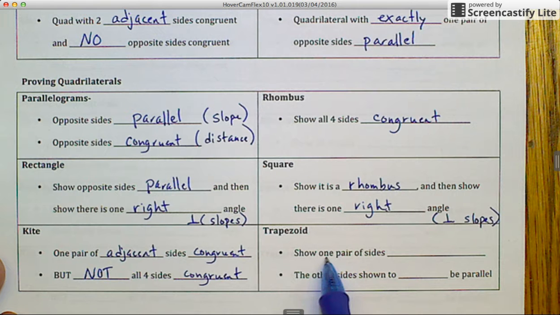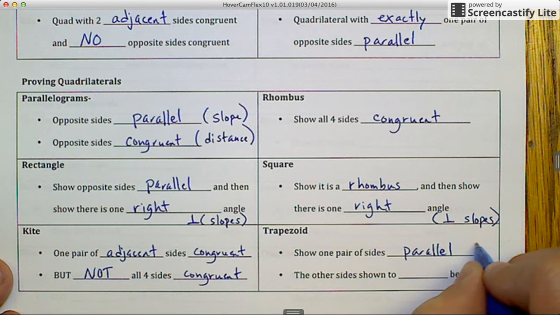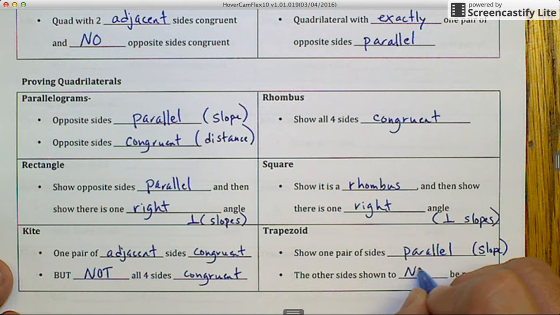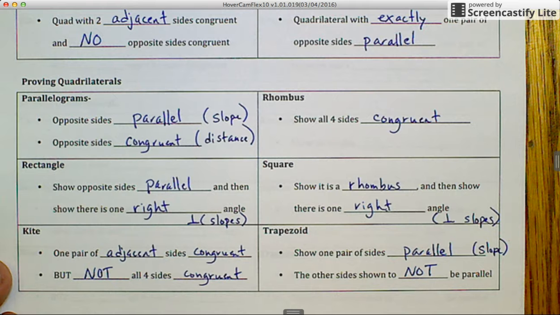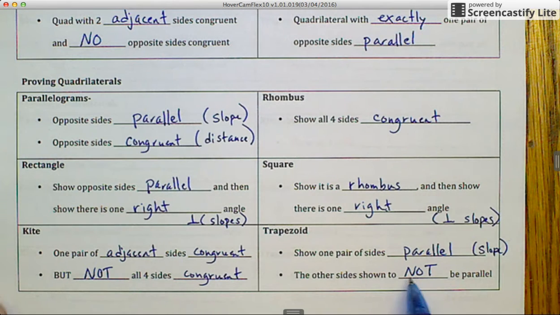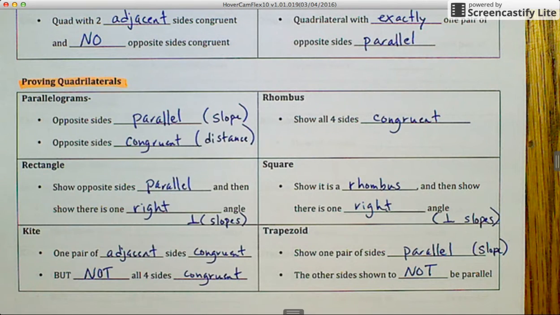And you have to show 1 pair of sides parallel. Again, we would use slope. And the other sides shown to not be parallel. Very important when you're proving something as an image or a shape. Sometimes you prove that it is. Sometimes you prove that it is not. Okay? And again, these are things that you do when you're proving quadrilaterals. This is how you prove quadrilaterals.